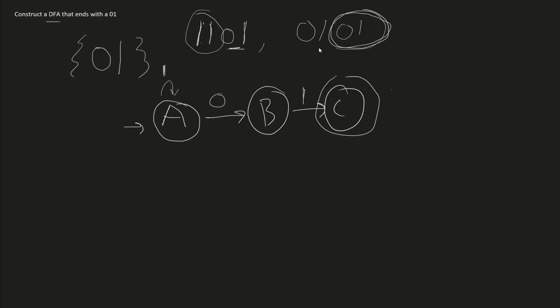We could probably loop out here, but if we loop out, this would be correct. But the next string, would it be accepted? It's not ending with a 0, 1. So what would we do for something like this? It ends with 1, 1. Can't do this.